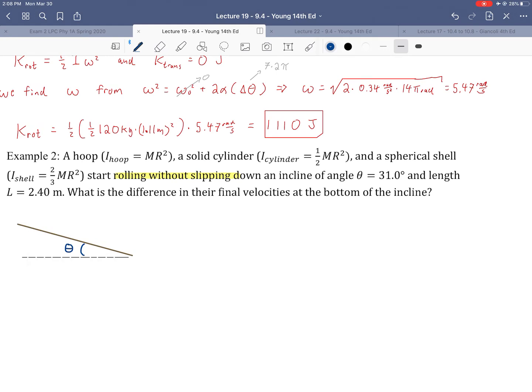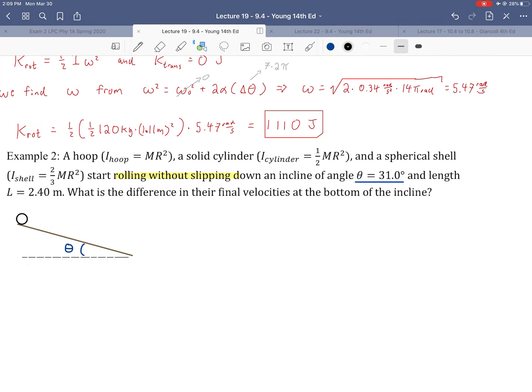We call it theta, but we know it's 31 degrees. And then we're going to roll our different things down it. From the side, our solid cylinder, our hoop, and our spherical shell, basically just a not solid sphere, would all look the same. They'd all have a circular cross-section, so we can draw one thing to represent all 3 of them.